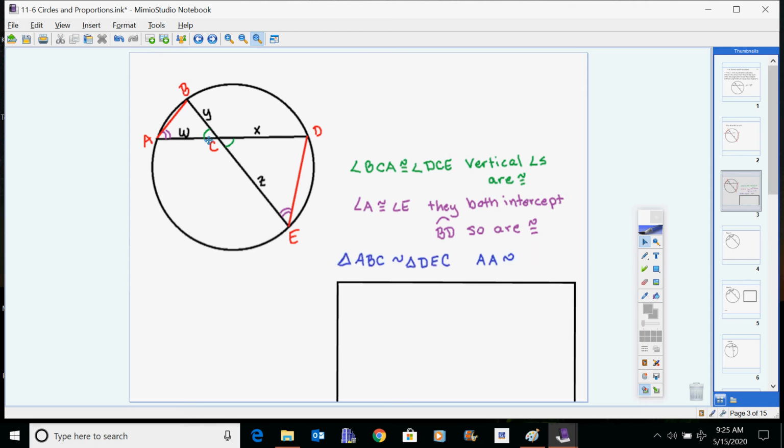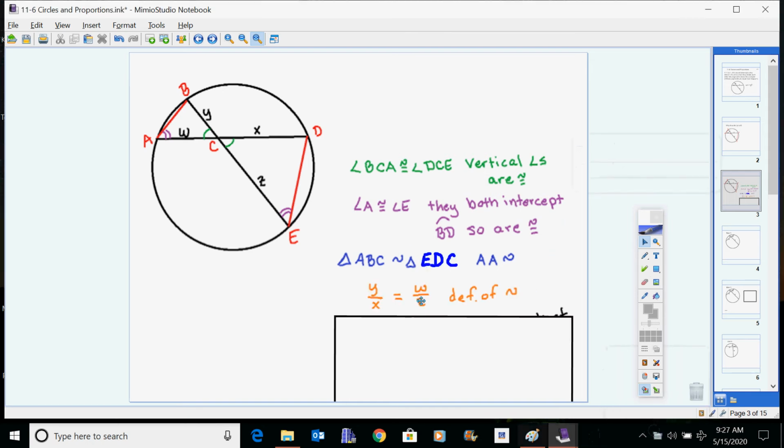So now, since we know that we have two angles that are congruent, that automatically tells us that the triangles ABC and DEC, so ABC, and it should say in a different order. Let me fix that. I fixed it so that our corresponding parts line up.